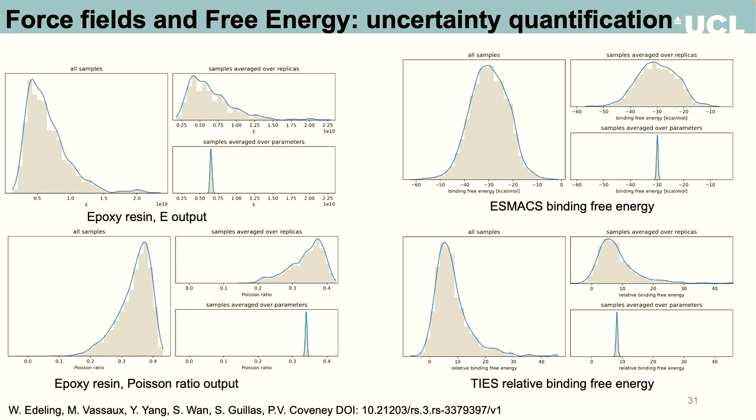And broadly, the interesting thing is that even when you average over the random seeds, you still have substantial uncertainty here. It's only when you average over the uncertainties in the force field parameters that this system is properly stable, because it's so sensitive to the force field parameters.